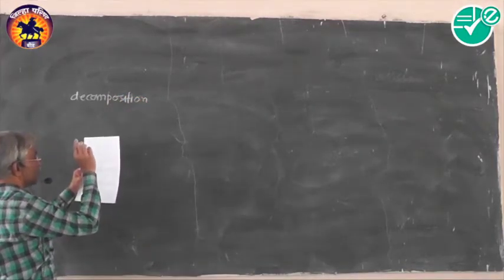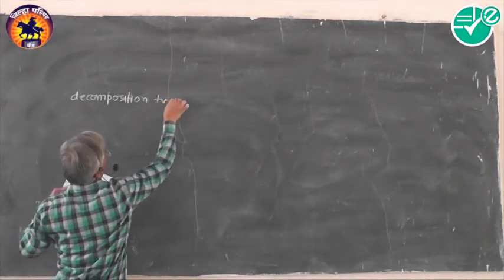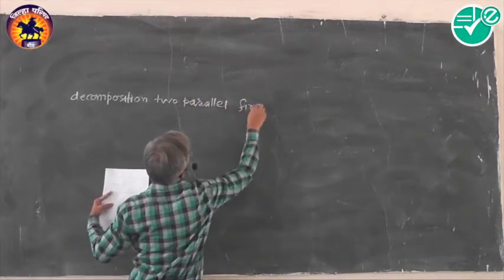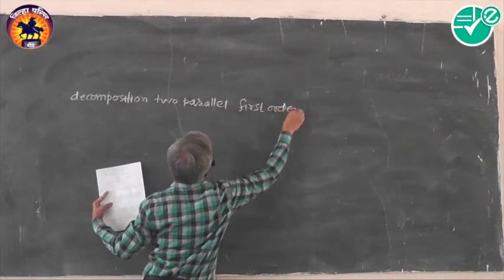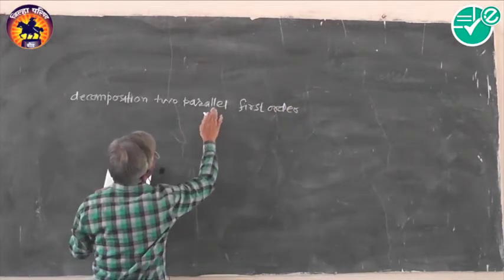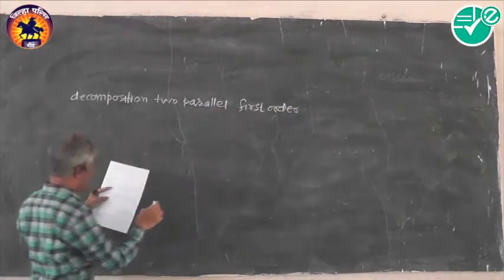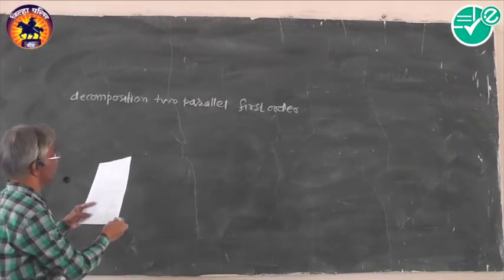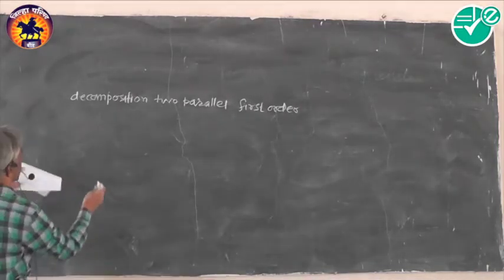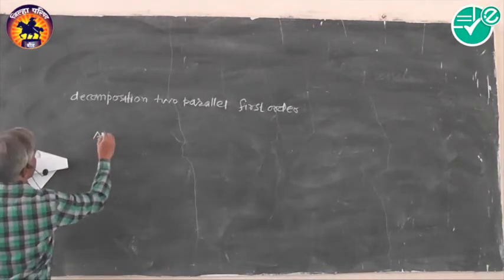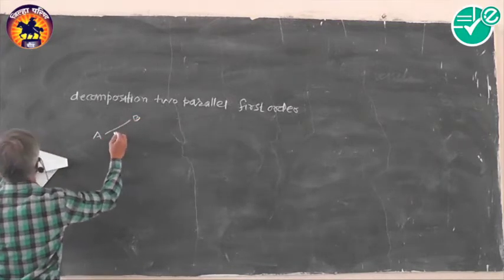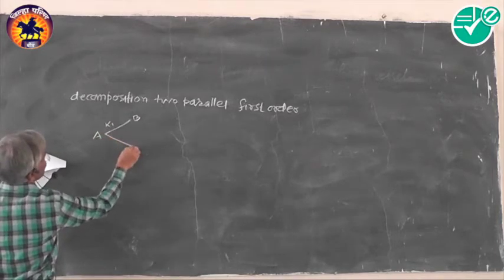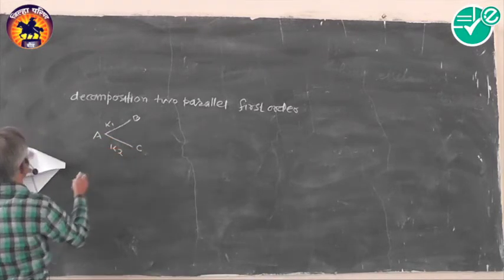Two parallel first order reactions, like this, are given. A reactant A is changing into B, and the rate constant is K1, and A changing to C, the rate constant is K2.